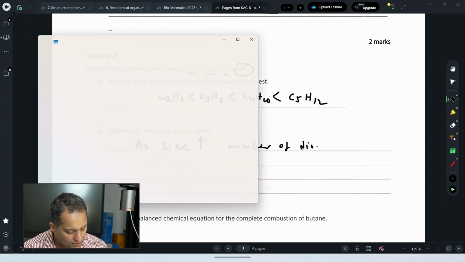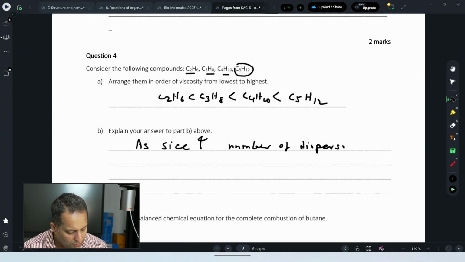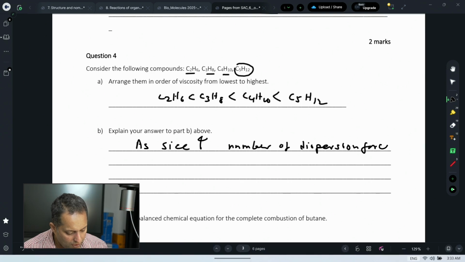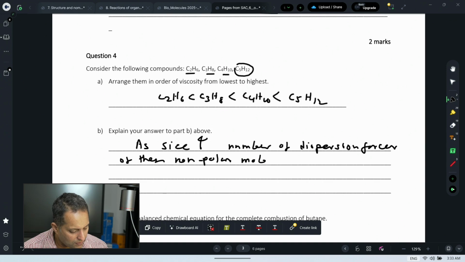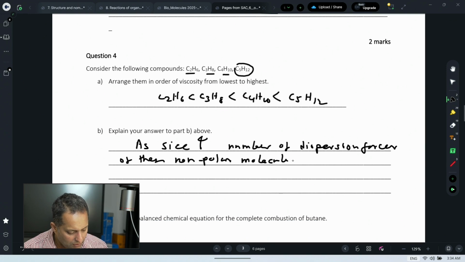So the number of dispersion forces of these non-polar molecules increases.